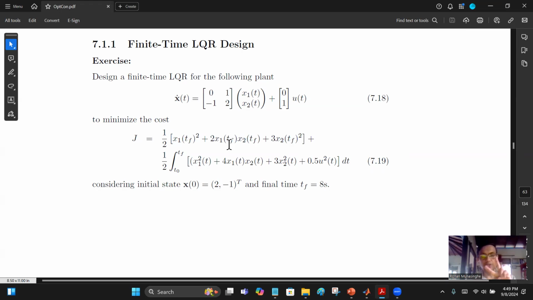We have two states: get the first state squared, the second state squared, but get 3 times the second state squared, and then get the first and second states multiplied, and twice of that. So these numbers are coming from somewhere.